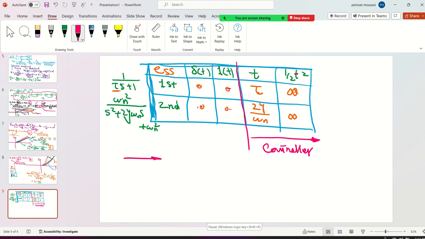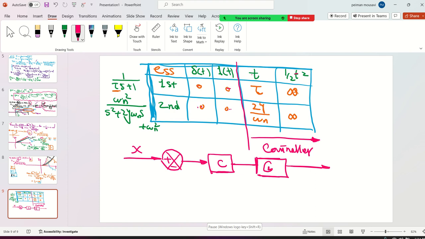On the other hand, X, sorry guys, X, you need a C to G, first order, second order, third order, 10th order, I don't care. G can be any order.